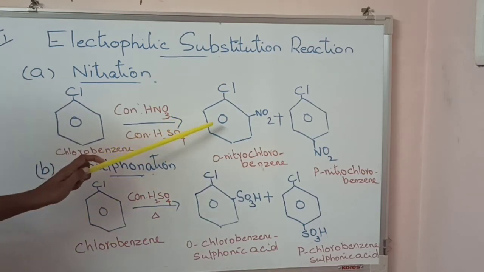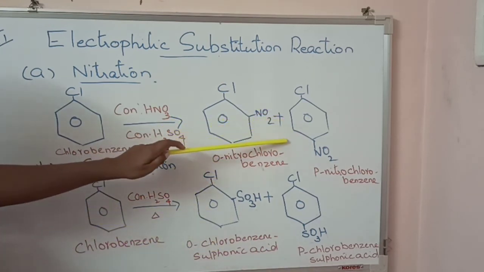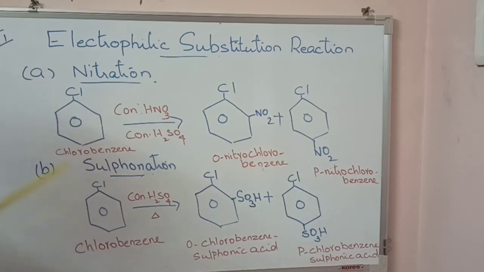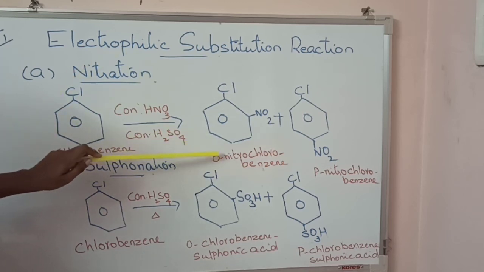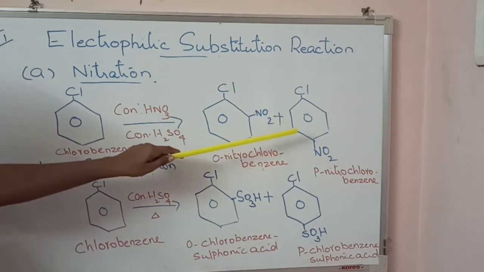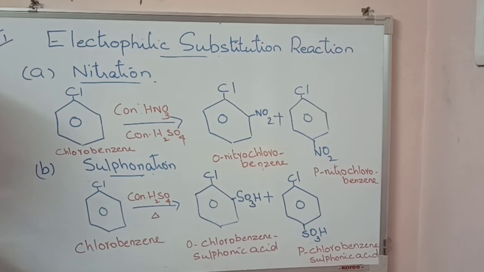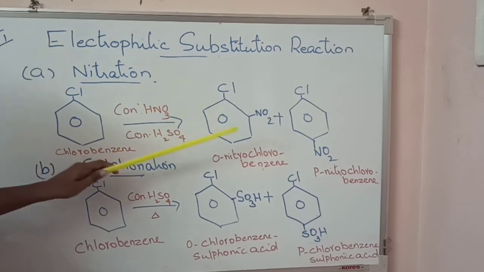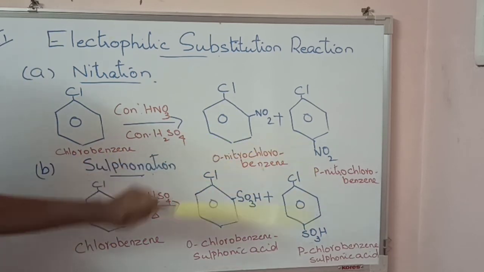They are ortho nitrochlorobenzene and para nitrochlorobenzene. The major product is this para product. Clear? Because the electron density is maximum at ortho and para position. So that's why you got a mixture of this ortho product and para product.